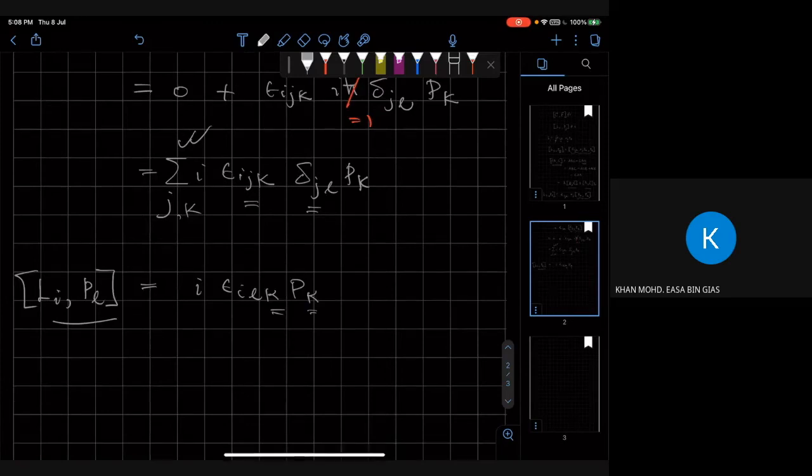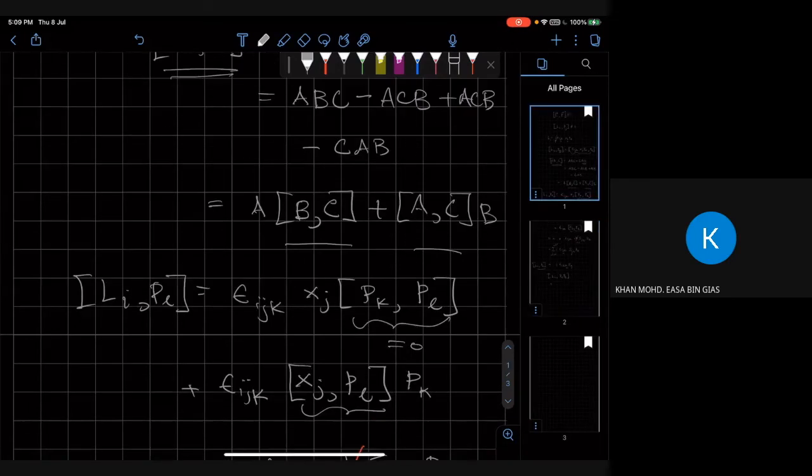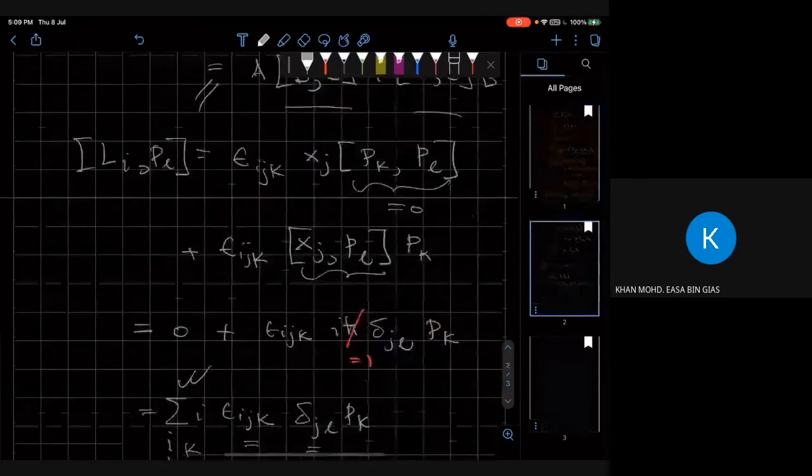So now if I take L_i and p_l, I'm summing over l now, okay? Then what is this? This is going to be given by p_l [L_i, p_l] plus [L_i, p_l] times p_l. I'm using again this same identity.